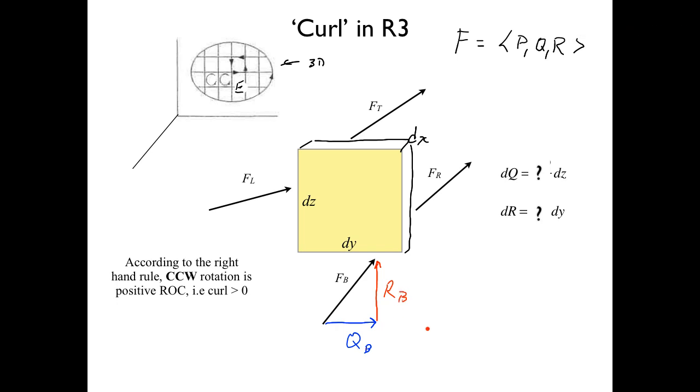Yeah. So it's the same thing. The yz plane is exactly like the xy plane, but now our y is horizontal and z is vertical. Our horizontal components of the vectors are q, and our vertical components are r. So given a change in z, we want to know what the change in q is. And that's going to be according to the rate of partial of q with respect to z.